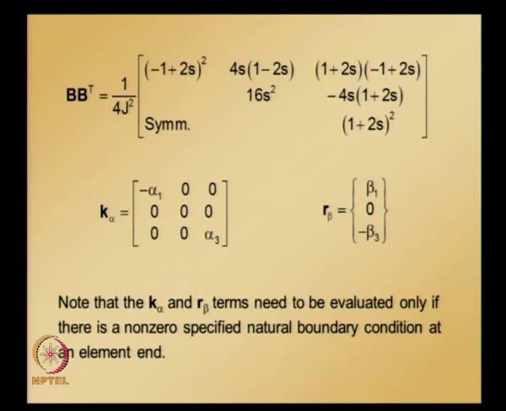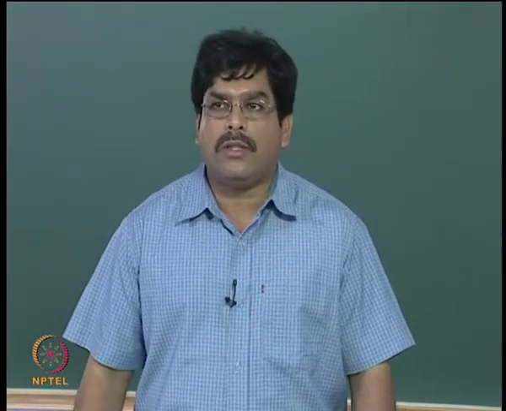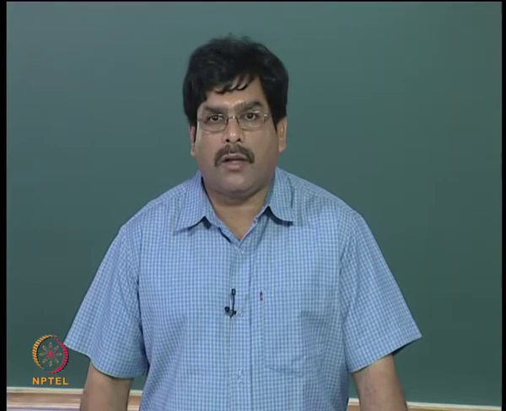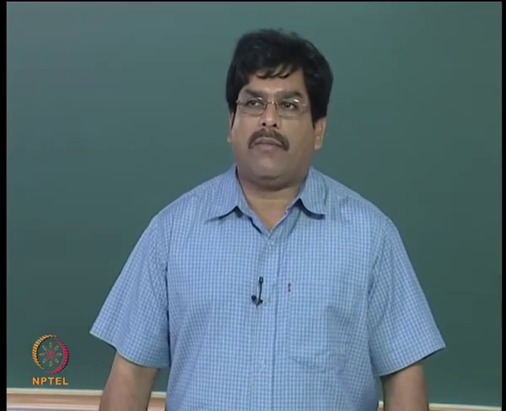Note that k alpha and r beta terms need to be evaluated only if there is a non-zero specified natural boundary condition at an element node. Suppose at node 1 a natural boundary condition is specified and at node 3 an essential boundary condition is specified, then alpha 1 is going to be a non-zero value, whereas alpha 3 is going to be 0. Similarly beta 1 is going to be a non-zero value and beta 3 is going to be 0, and vice versa.